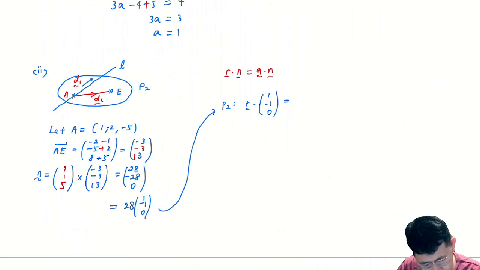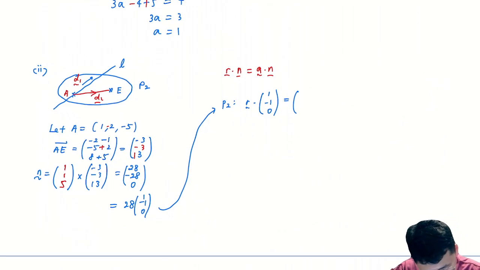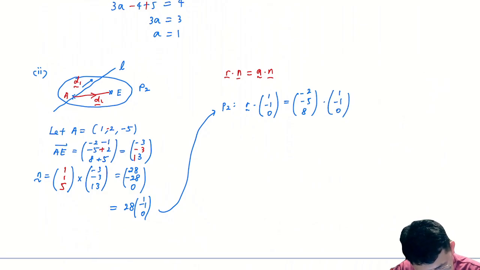This will be equal to, now I will make use of this point, point E. Making use of point E would be to put negative 2, negative 5, and 8 dot 1, negative 1, and 0.